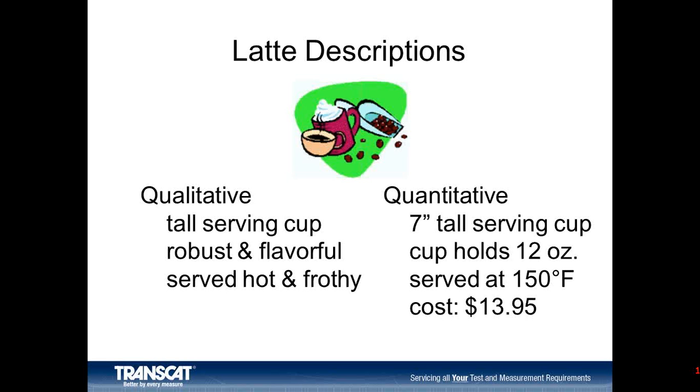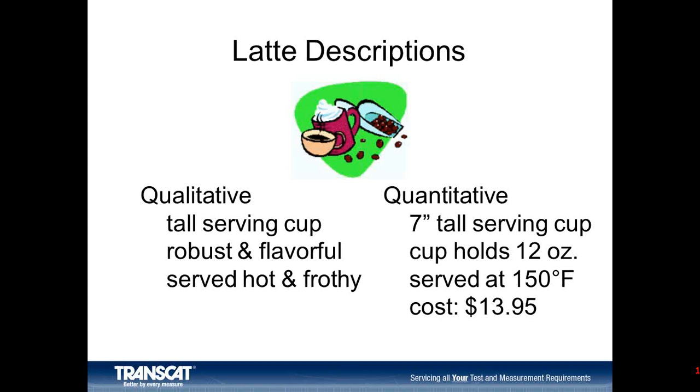As an illustration of the qualitative nature of this term accuracy, perhaps we can look at a cup of coffee. So the qualitative description would be perhaps a tall serving cup. Of course, it's robust and flavorful, served hot and frothy.